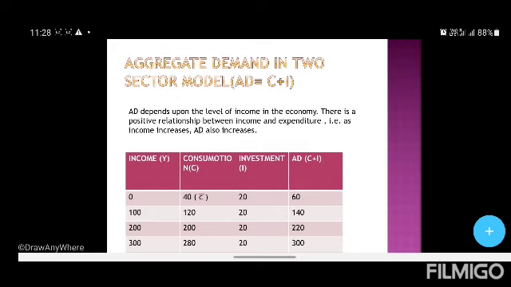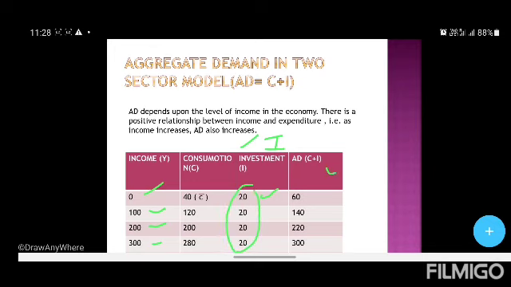Then we have investment here. We can say it is a type of autonomous investment which is fixed. As the income increases, the autonomous investment is not increasing. It is there only at the 20 level. It means we can say it is constant as the income increases.